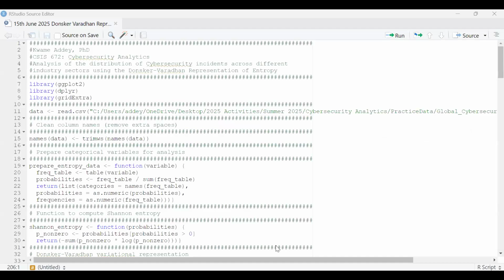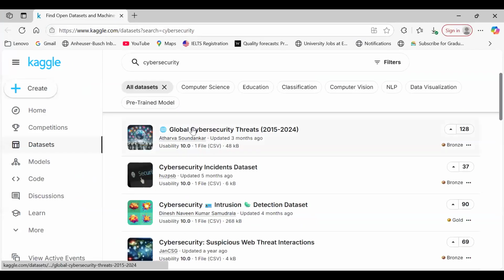So when we look at our code here, I obtained data from the Kaggle website, and I'll show the Kaggle website here. So this is the data I use for this illustration, the global cybersecurity threats.